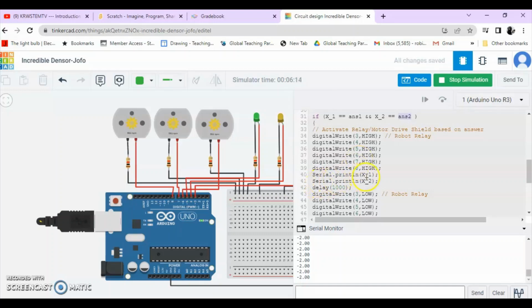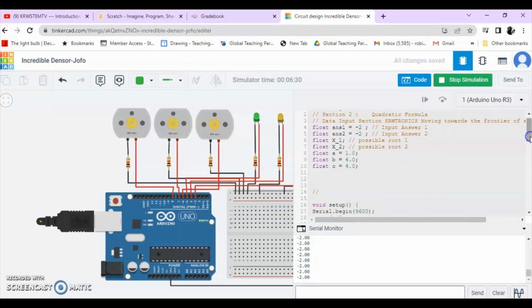Serial dot print line x1 and serial dot print line x2 allow me to see the numbers that the computer is computing. So when I do the calculation in my book, at least I can check it against the computer. I can go all the way back to the top and enter my inputs, which is what the student would have calculated, -2 and -2.